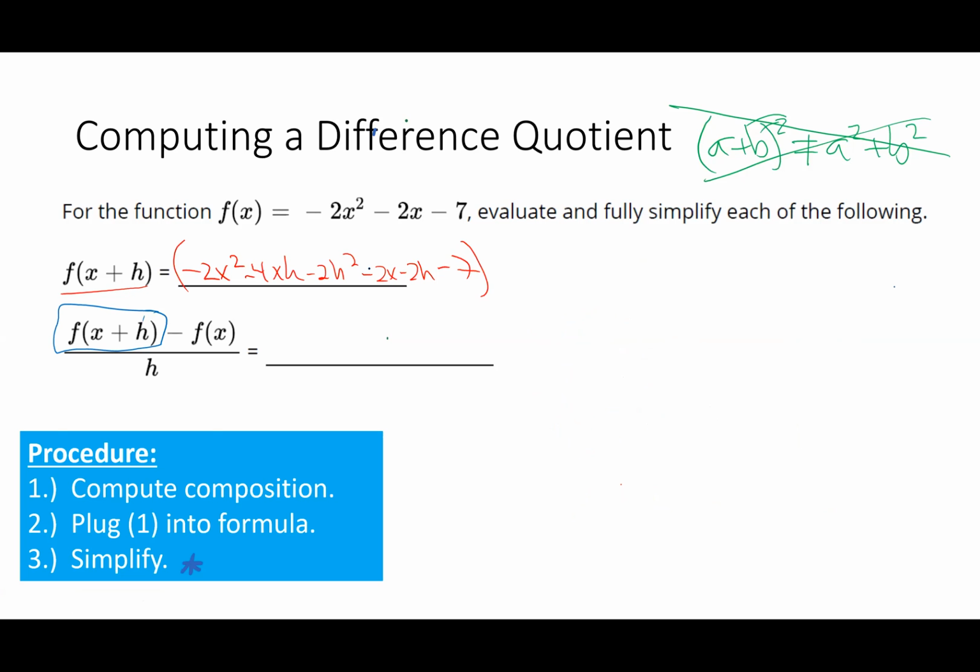So let's just go ahead and copy paste that in. Remember, if we're doing this correctly, there's going to have to be some h cancellation at the very end. But we don't know if that's going to happen yet. So here's to hope. All right, now, this is my original function.